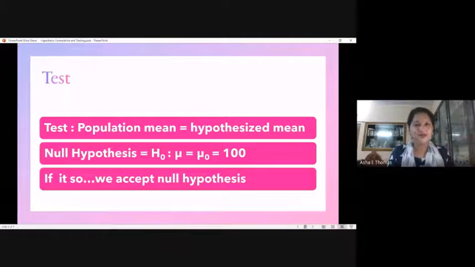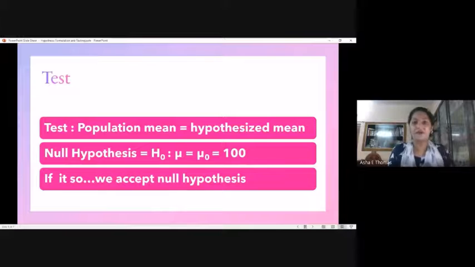In the first general test, the assumption is that the population mean is equal to the hypothesized mean, which means there is no difference between the mean of the population and the mean of the selected sample. It is one and the same. So that's our null hypothesis: H0, population mean equals sample mean. I have just put a value, maybe 100. Both are 100. That's our null hypothesis.